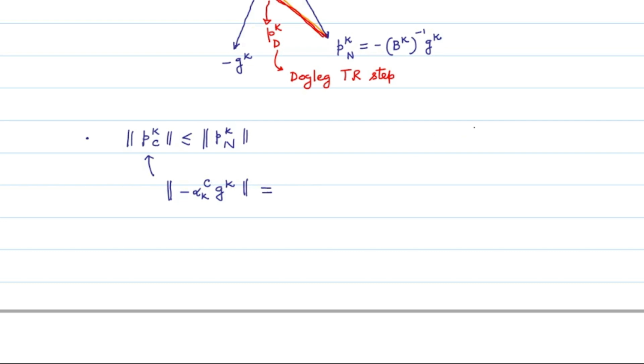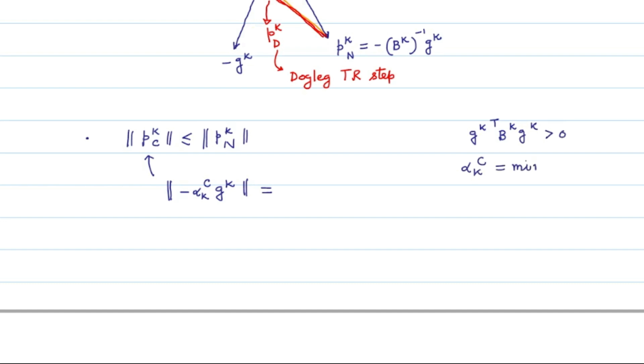As we are assuming here this B_k is positive definite, so we have g_k transpose B_k g_k positive, then we have alpha_k^C given by the minimum of two quantities.